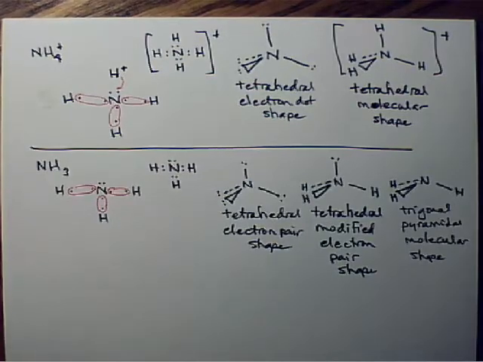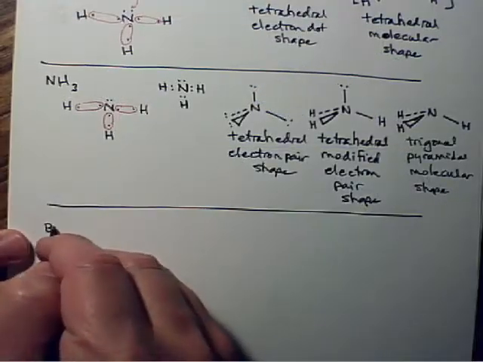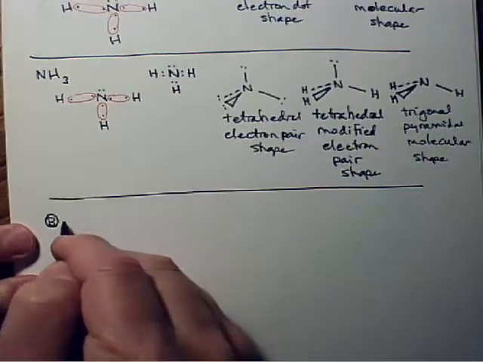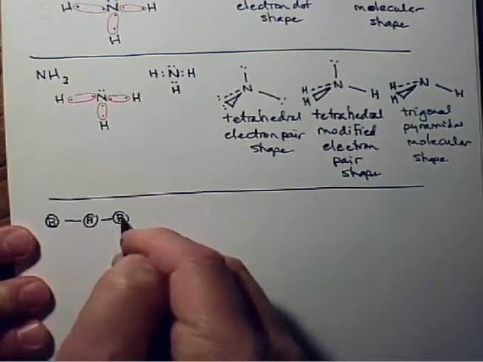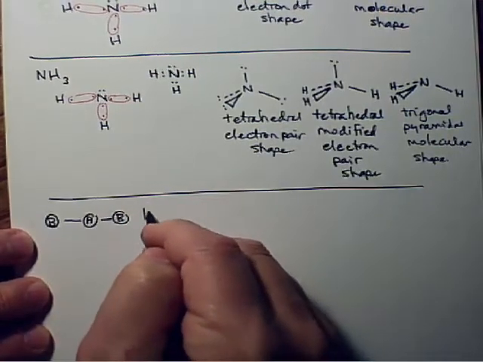We did all of these molecular shapes near the beginning of the unit, so make sure you go back and review all those so that you know what the different shapes are. There's linear, there is bent, there's trigonal planar. You need to know about all those shapes. If I have this shape, this is called linear.